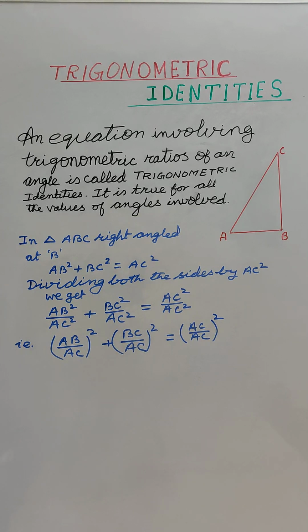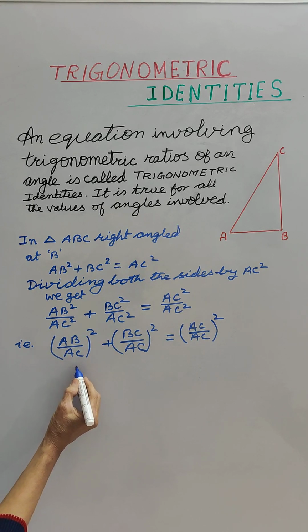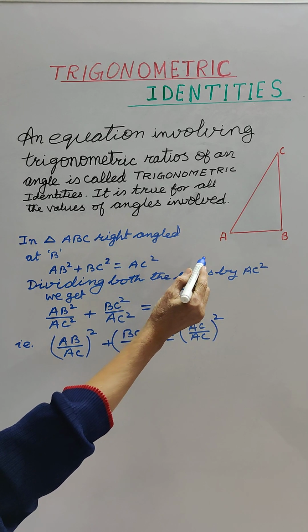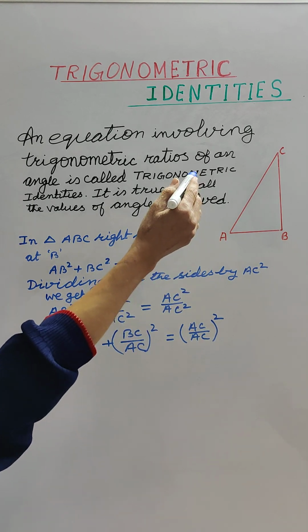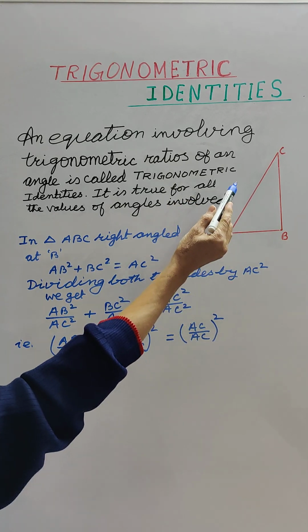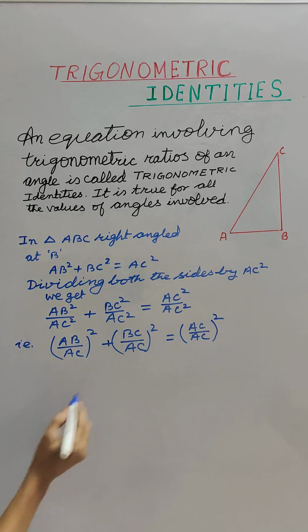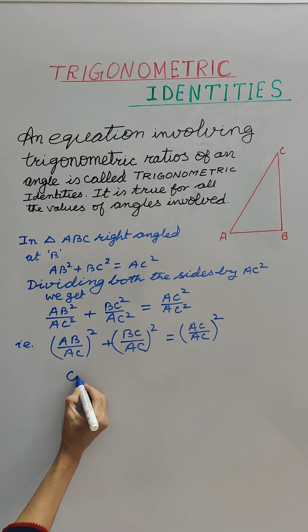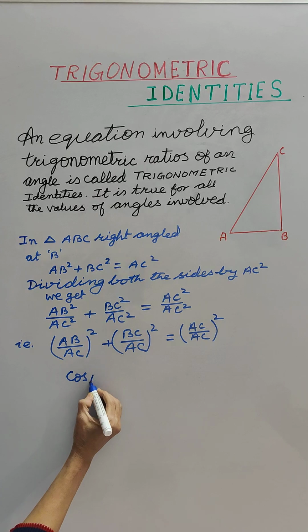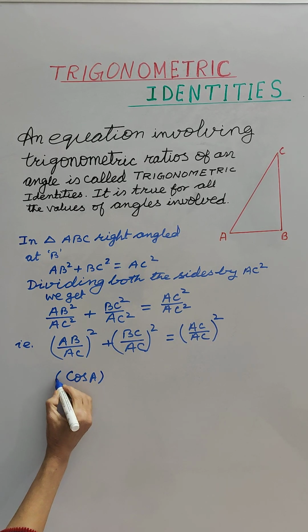This way, AB upon AC is equal to cos theta or cos A. So it is cos A square.